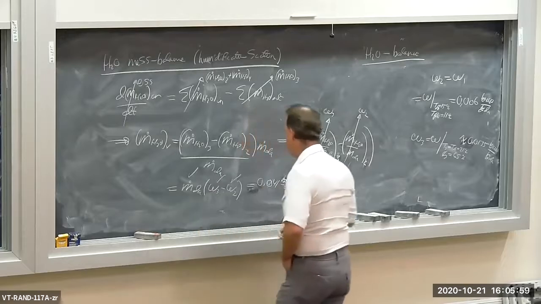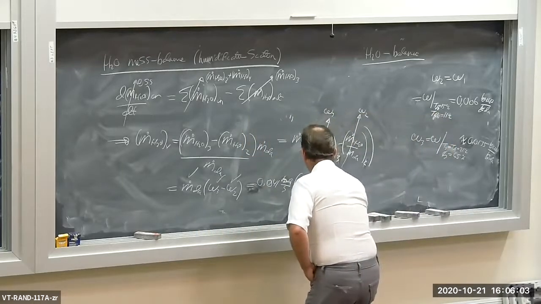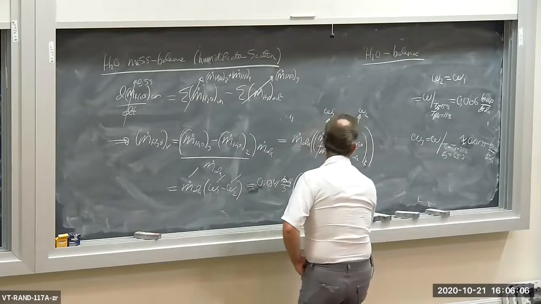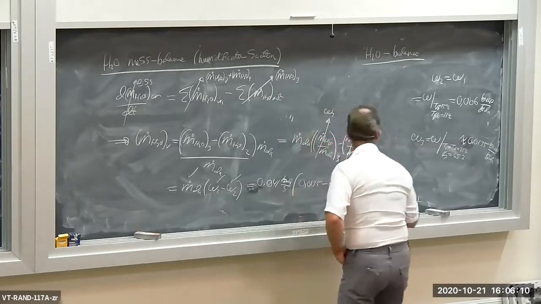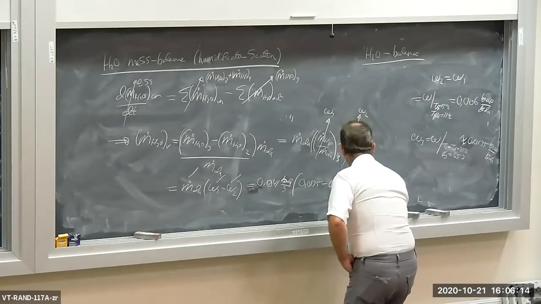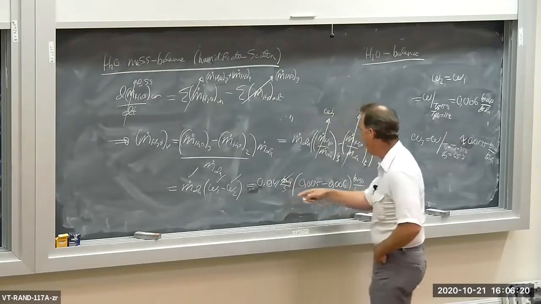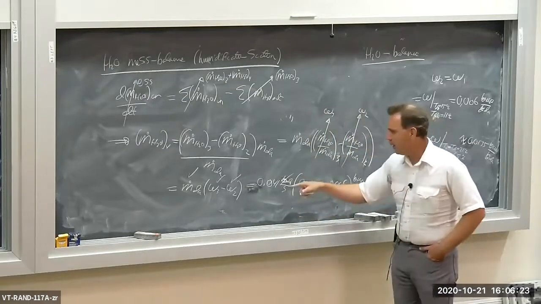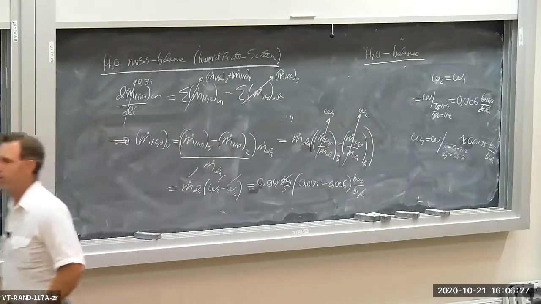And then I've got omega 3 minus omega 2, so I have 0.0135 minus 0.006, and that has units of kilograms of H2O per kilogram of dry air. Notice the kilograms of dry air cancel out, and I get kilograms per second of H2O.